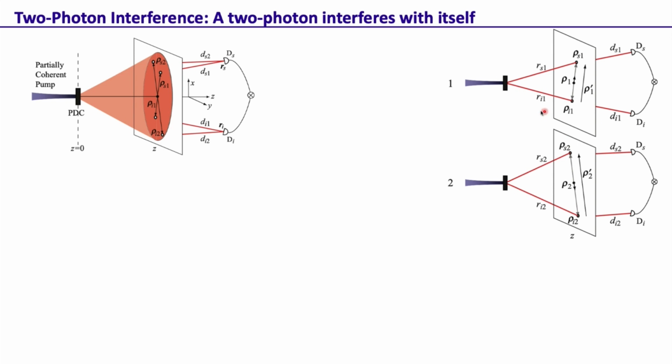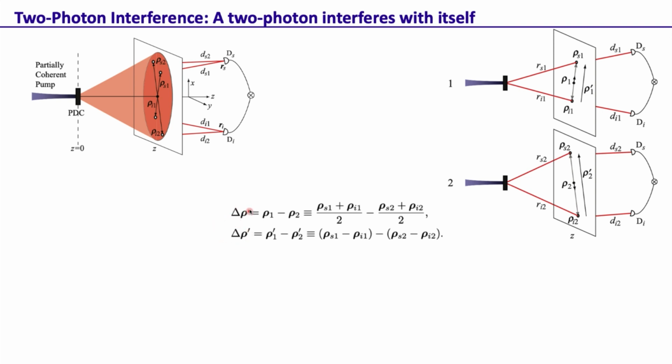The interference is basically interference between this and this alternative, and the interference will take place as long as these 2 alternatives are indistinguishable, or as long as these 2 alternatives are coherent with respect to each other. We'll now see how to mathematically derive the condition for the extent to which these 2 alternatives remain coherent.